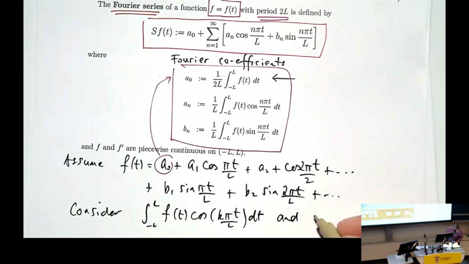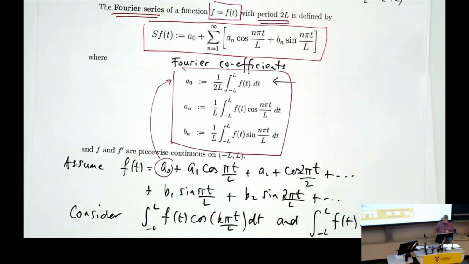And I can also do the same with sine. So you do those calculations independently. And let's see what happens, okay? The simplest case, so basically I take that mess, I multiply by a cosine, and I do an integral. I multiply by a sine over here, and I do another integral, okay?